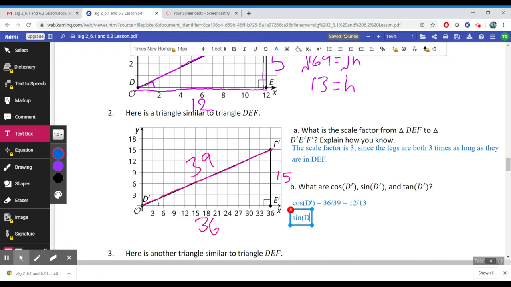Let's find what the sine of d primed is. For sine, we have to look at the opposite divided by the hypotenuse. So it'll be 15 divided by 39. Again, both 15 and 39 are multiples of 3. 3 times 5 gives me 15. And 3 times 13 gives me 39.